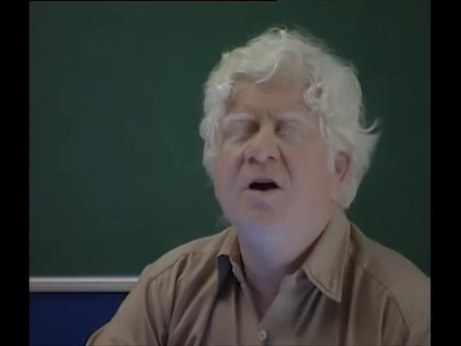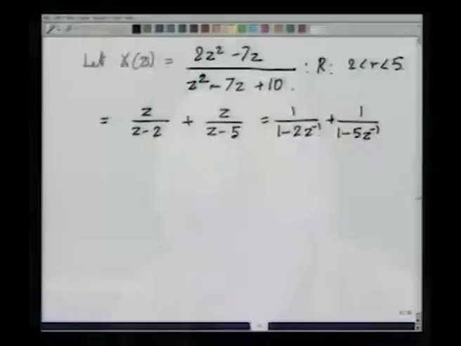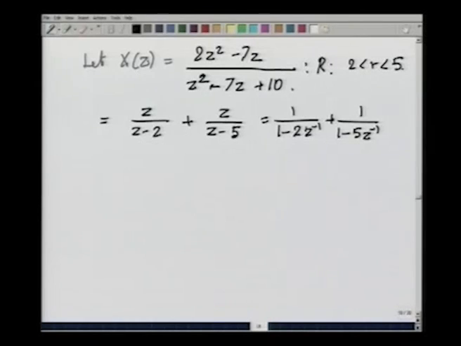It can't be any third possibility, because we have 2 as a pole in the function. So, let us make a plot of the ROC of the complete function. Let us make the unit circle.